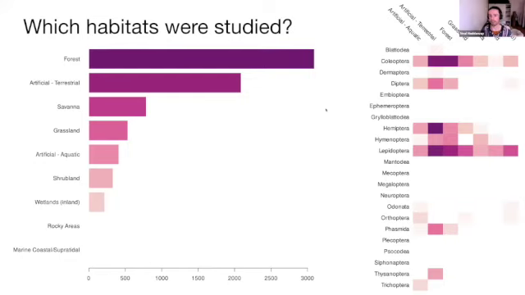The darker the color, the more studies there were. Lepidoptera studied in farmland and Coleoptera studied in farmland and forest were very well studied, whereas the white areas and lighter colored areas were much less frequently studied. So beetles in shrubland was infrequently studied, for example. By comparing within each row and within each column, you can see some of the areas that are better or poorer studied.